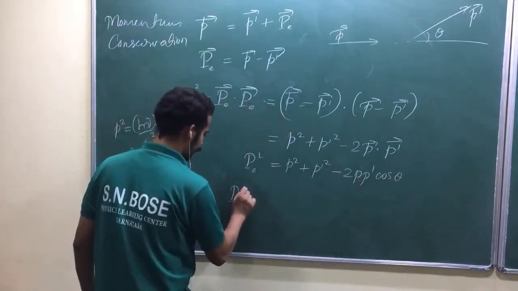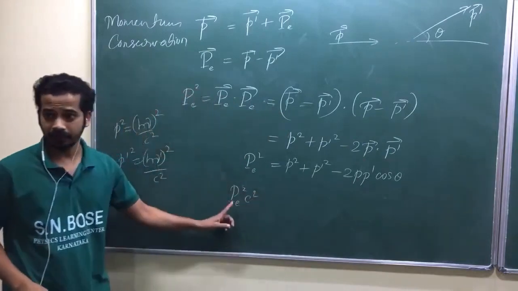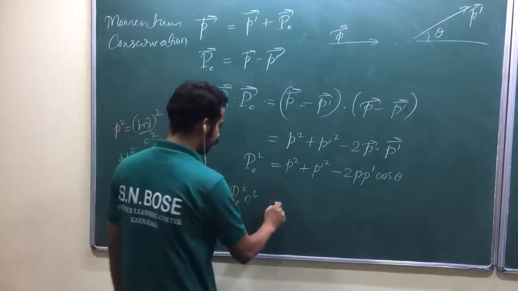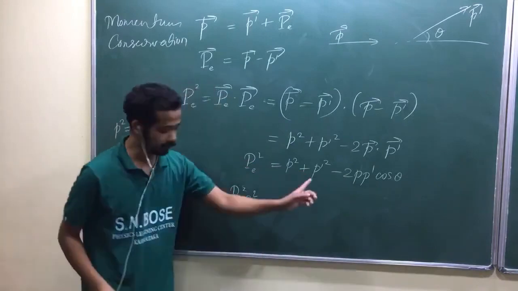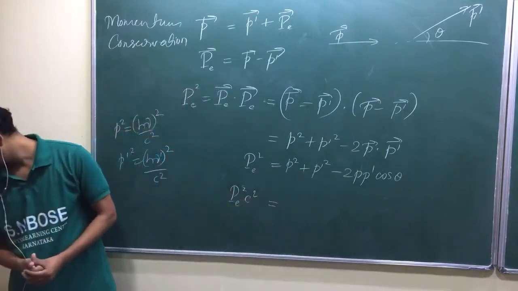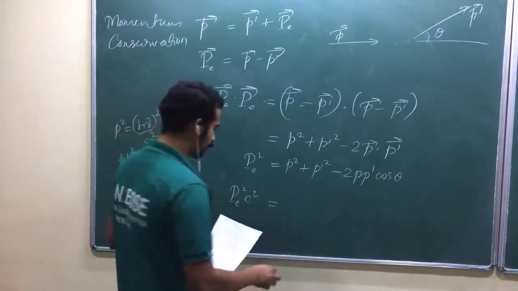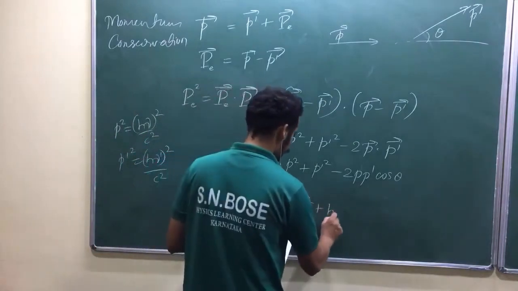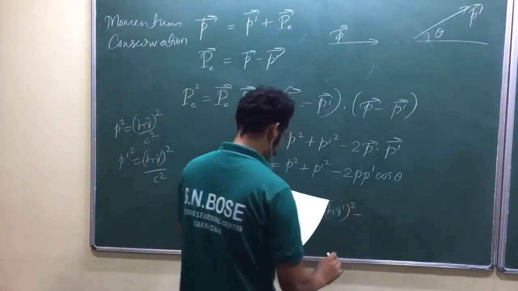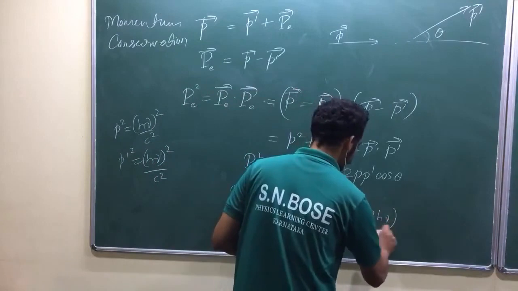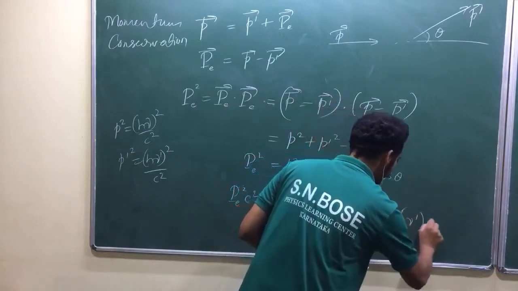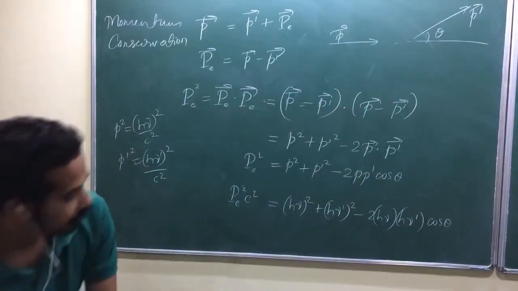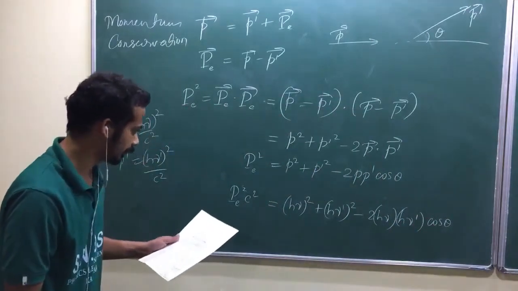So PE square c square equals h nu the whole square plus h nu prime the whole square minus 2 h nu h nu prime cos theta.